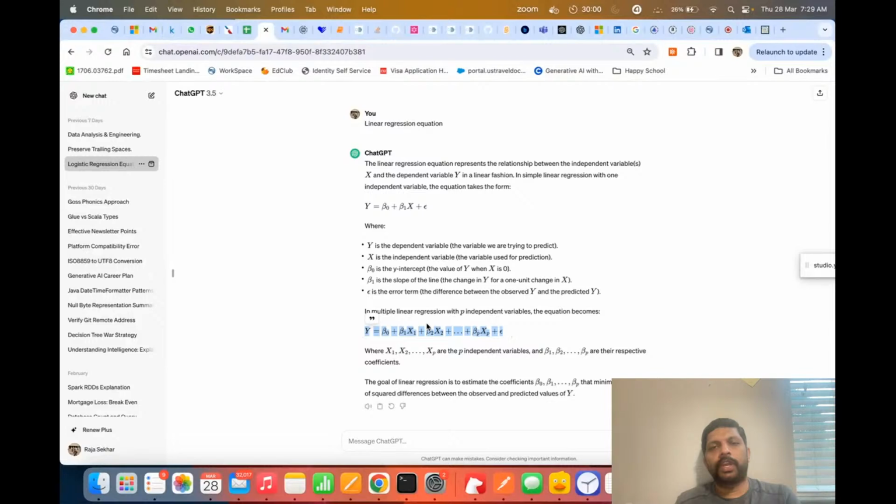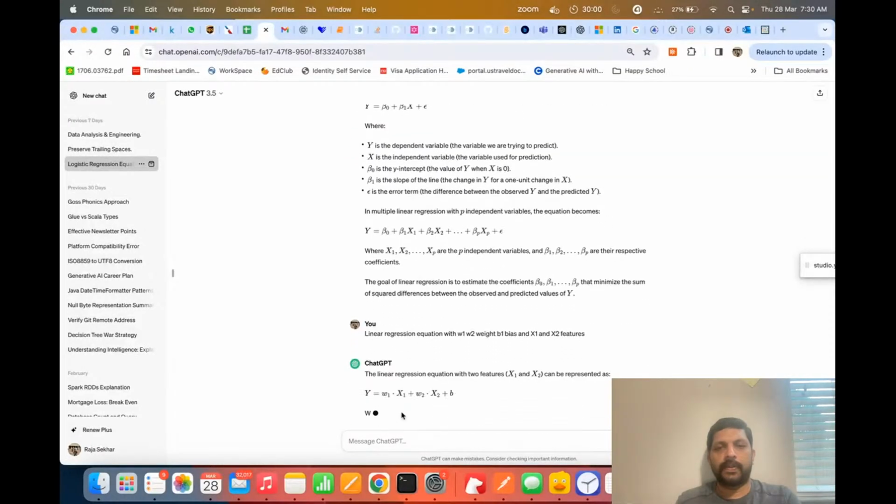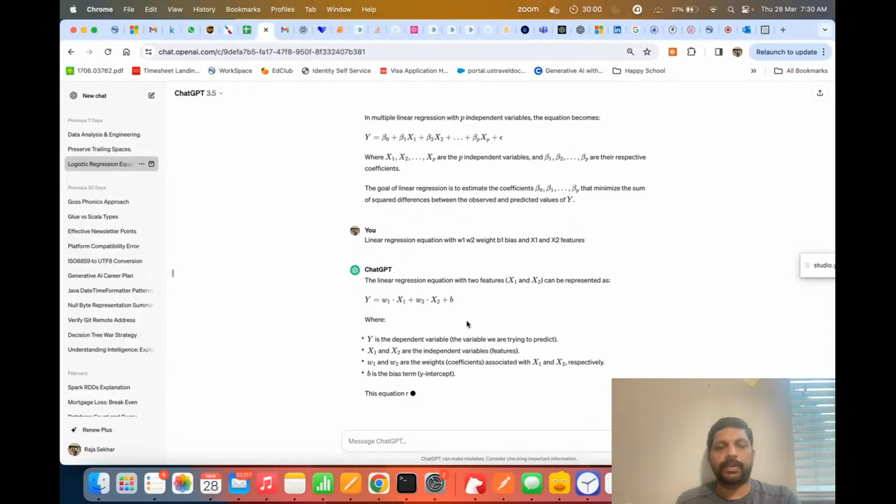So we take this equation: W1, W2 weights, B1 bias, X1, X2 features. I think I can type it faster than this. Yeah, so this is the equation, right?